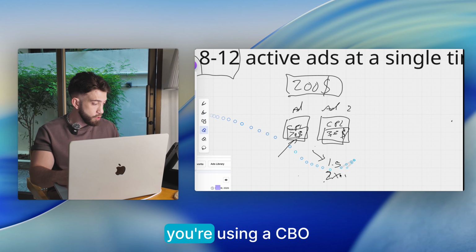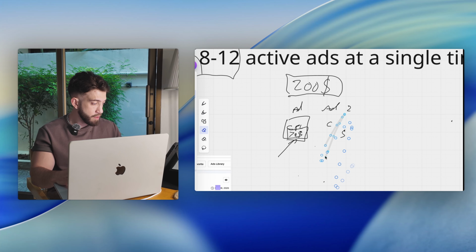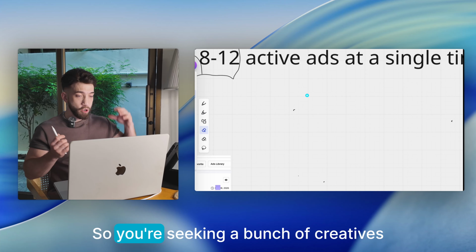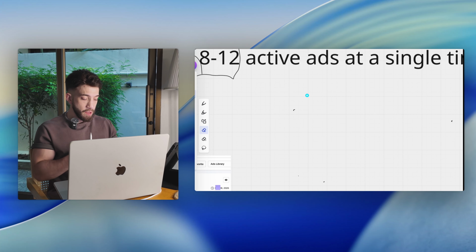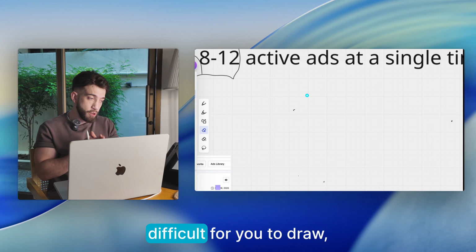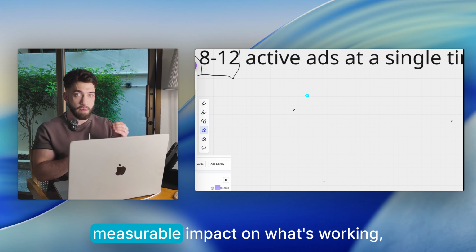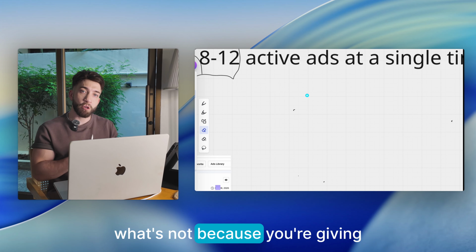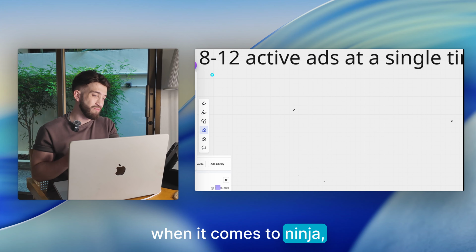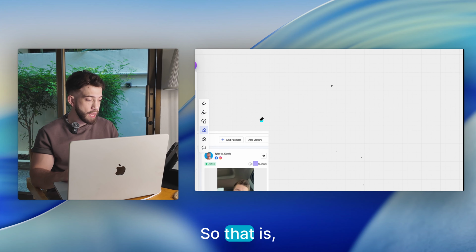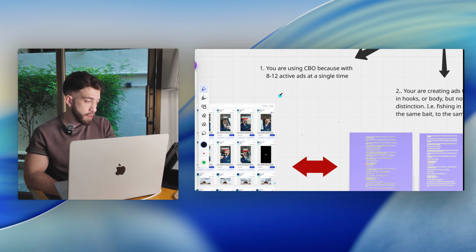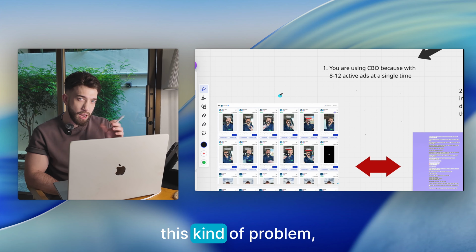You're using a CBO, sticking a bunch of creatives in there, and those creatives are getting random spends, which makes it really difficult to draw measurable impact on what's working and what's not, because you're giving complete control to Meta, and when it comes to lead gen, that's really not great. So that is problem number one.